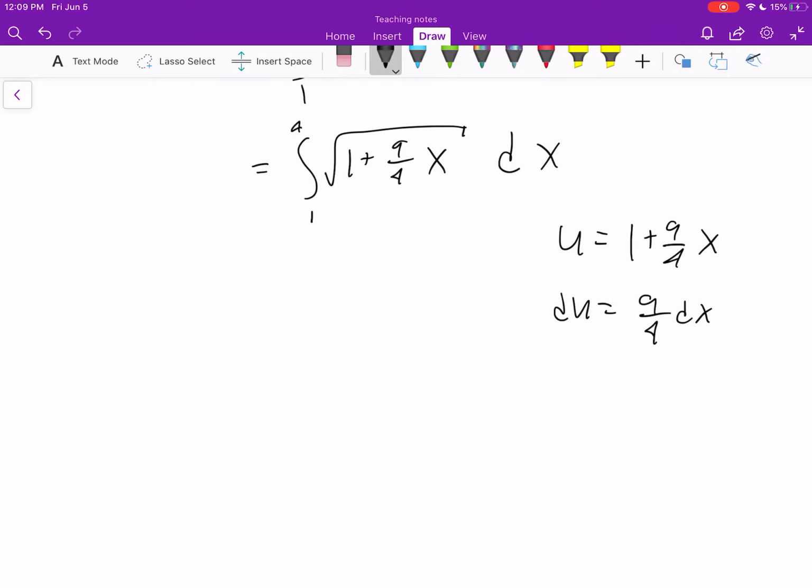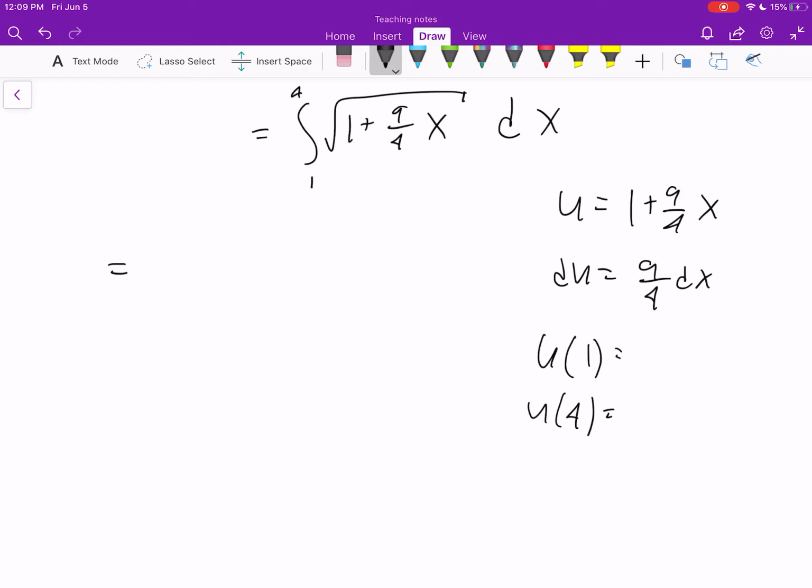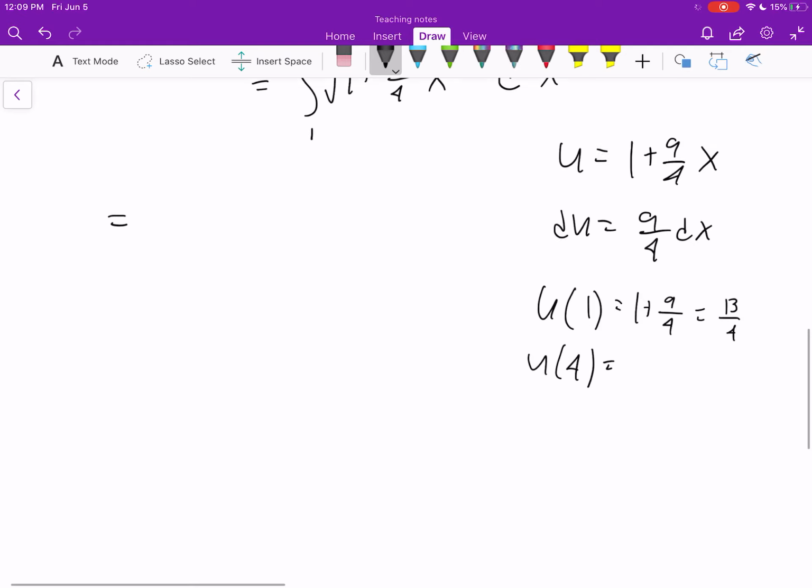And so now this becomes the integral. Okay, this is going to be really annoying. So let's figure out what u of 1 and u of 4 are to get our bounds for the integral. u of 1 is 1 plus 9/4, that's going to be 13/4. And then u of 4 is 1 plus 9 over 4 times 4, so it's 1 plus 9, that's 10.